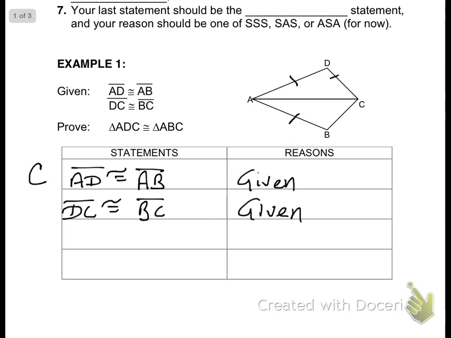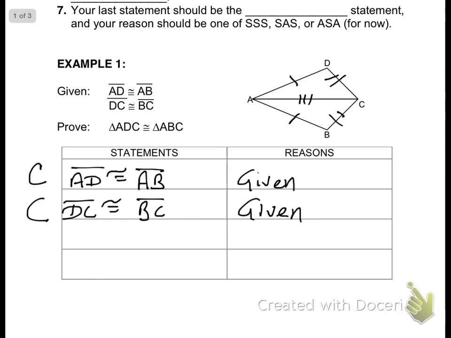Okay, so DC and BC are congruent. Again, that's already a congruency statement, so I'm done. But I only have 2. I need a third one, so there's only 2 givens. So now what did we say? We said look for a reflexive side or reflexive angle. Well, we see that this side here, CA or AC, is shared between both triangles.